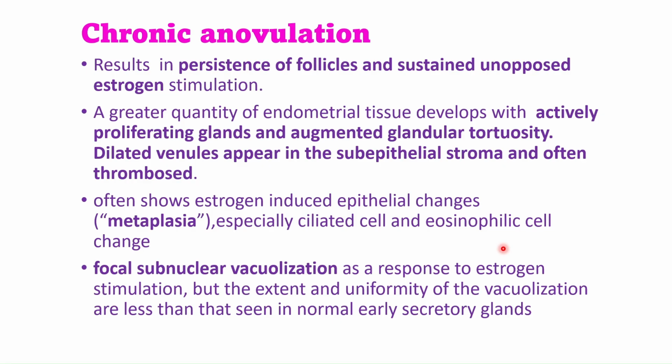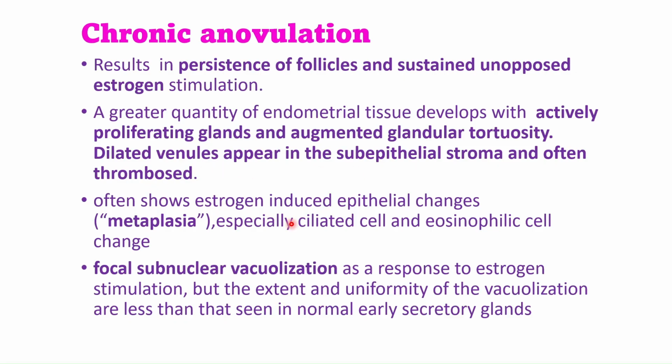Now, the second change is chronic anovulation. So, sporadic, and now chronic anovulation. What happens because of the chronic effect? There is persistence of follicles and sustained unopposed estrogen stimulation. So, here excessive estrogen is there, and there are active proliferative glands and augmented glandular tortuosity. There are dilated venules in the subepithelial stroma, and there is often thrombus.